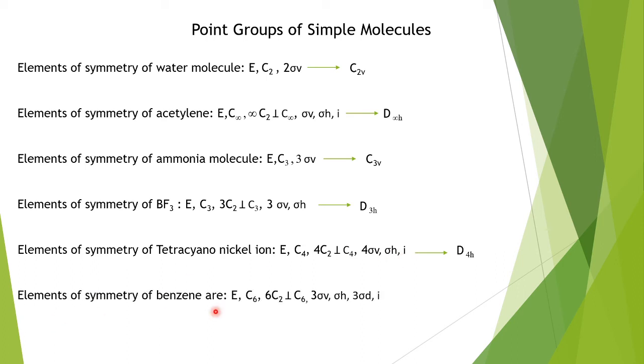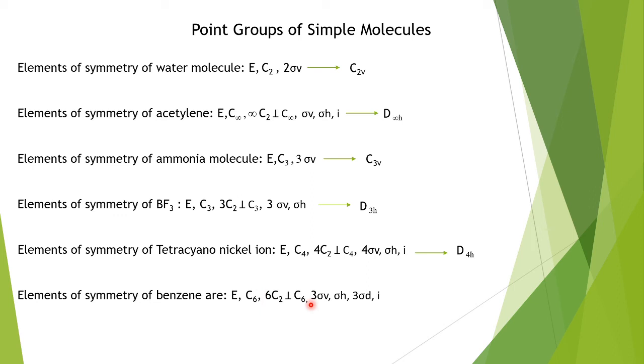Next is benzene. Here we have E, C6, 6 C2 perpendicular to C6, 3 sigma V, sigma H, 3 sigma D, and identity element, center of inversion I. Here also there is C6 and 6 C2 perpendicular to C6.